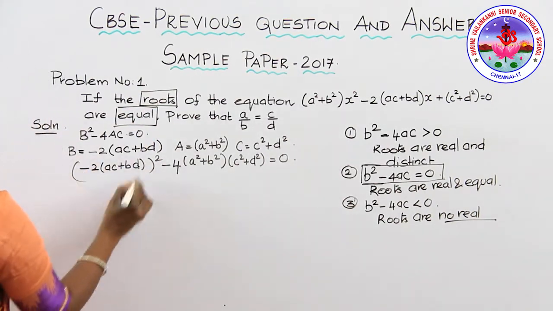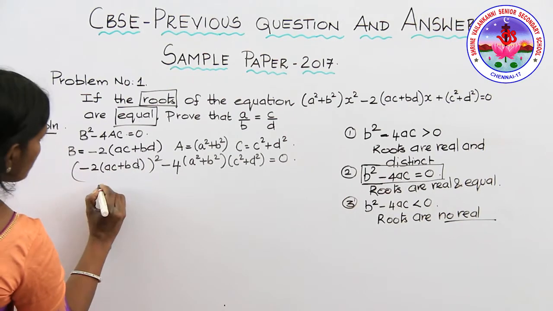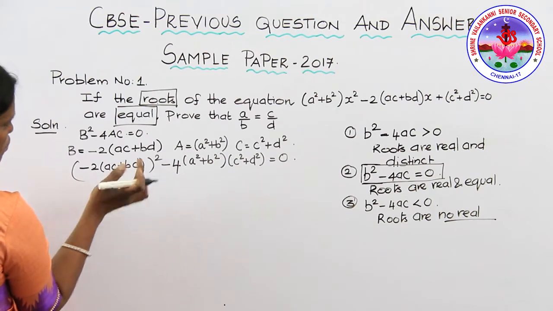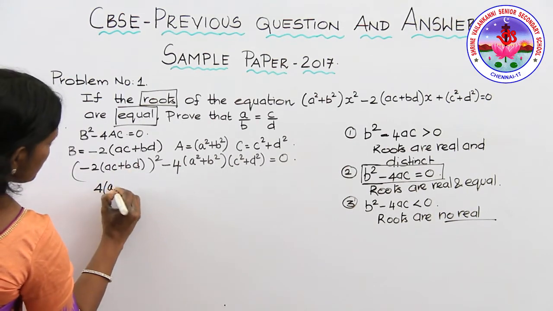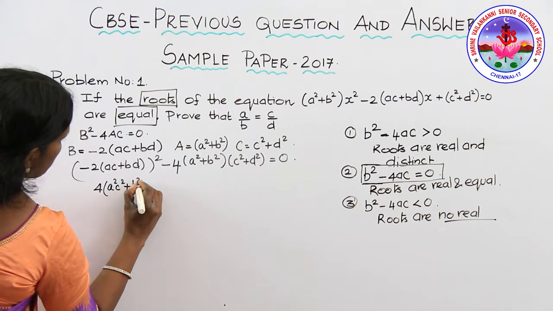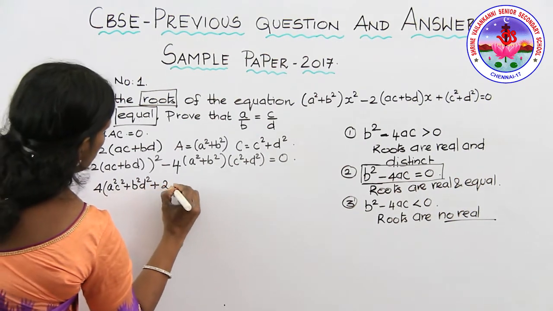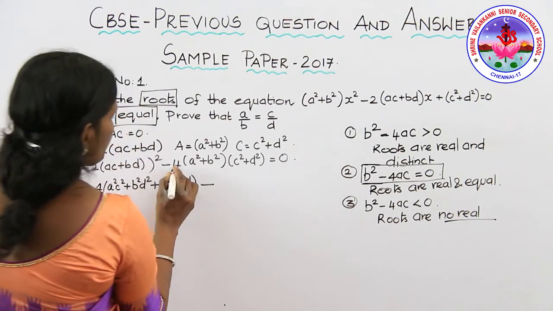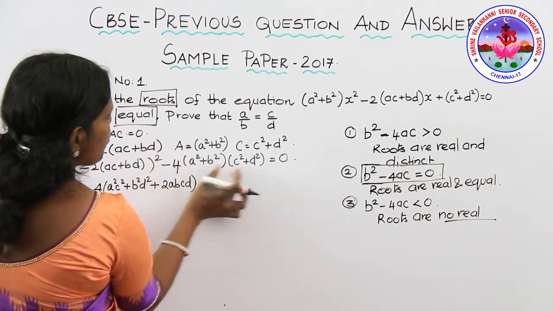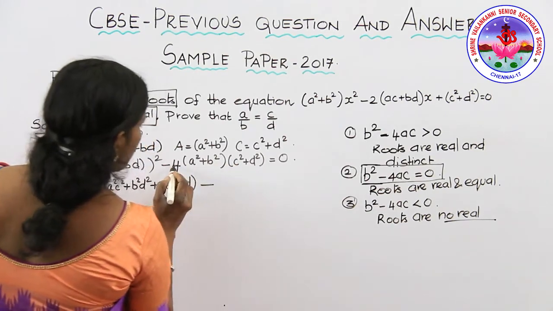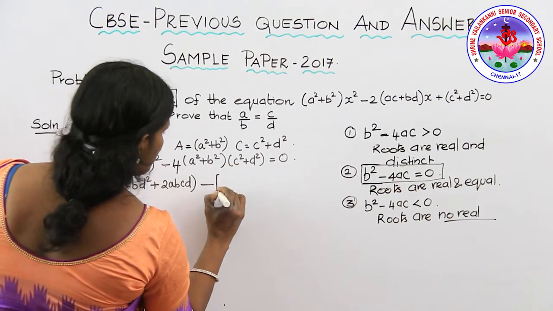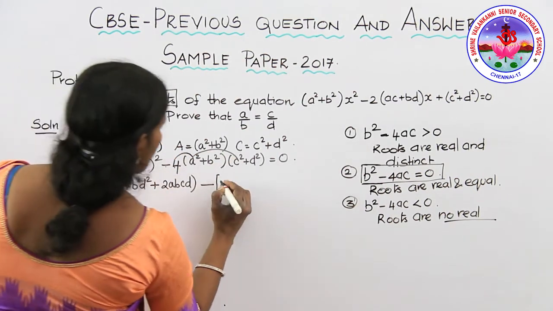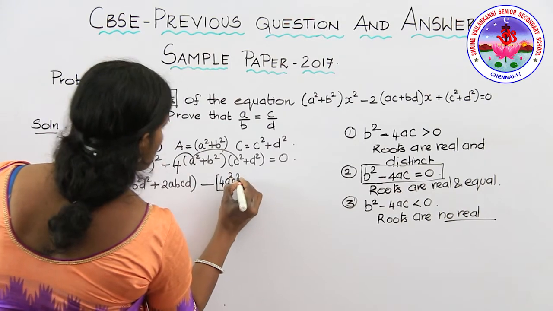Now I am going to expand this. Minus 2 the whole square becomes 4. Now this square is of the form (a plus b) the whole square, so I am using the identity: a squared plus b squared plus 2ab, minus 4. I am going to multiply a binomial into a binomial. Multiplying everything along with this 4, I get 4a squared c squared.